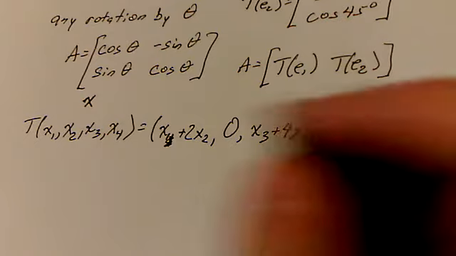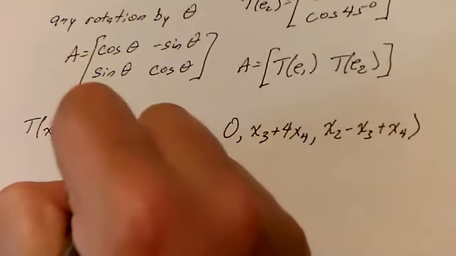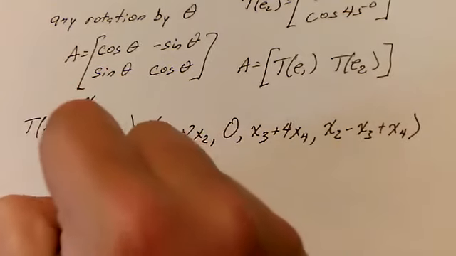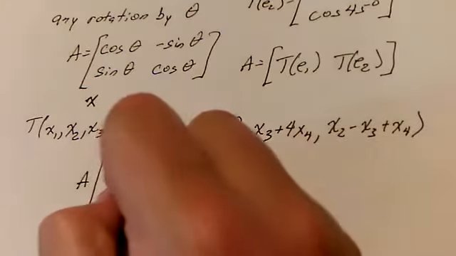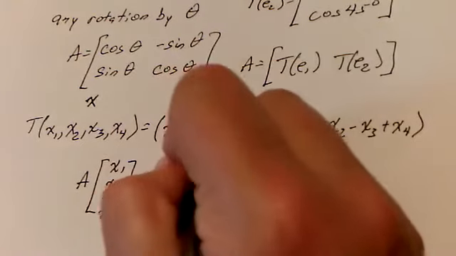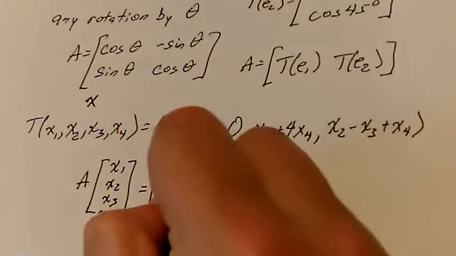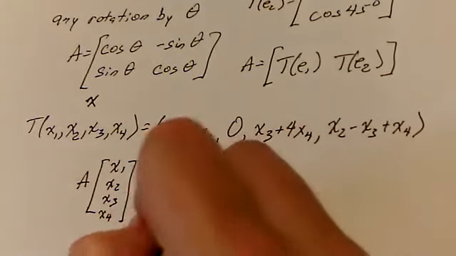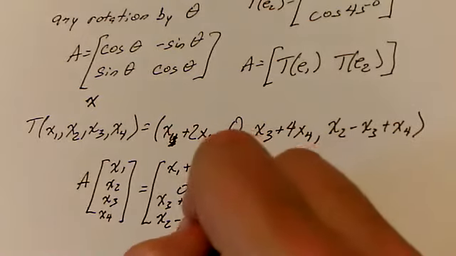Okay, so let's consider what this is. This is A times my vector x1, x2, x3, x4. Okay, writing it as a column vector instead of that horizontal vector. And we know out here it's going to spit out x1 plus 2x2, 0, x3 plus 4x4, and then x2 minus x3 plus x4.